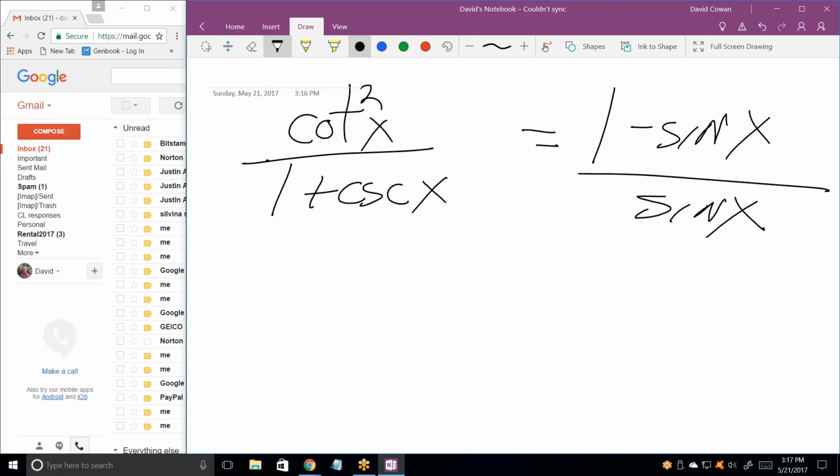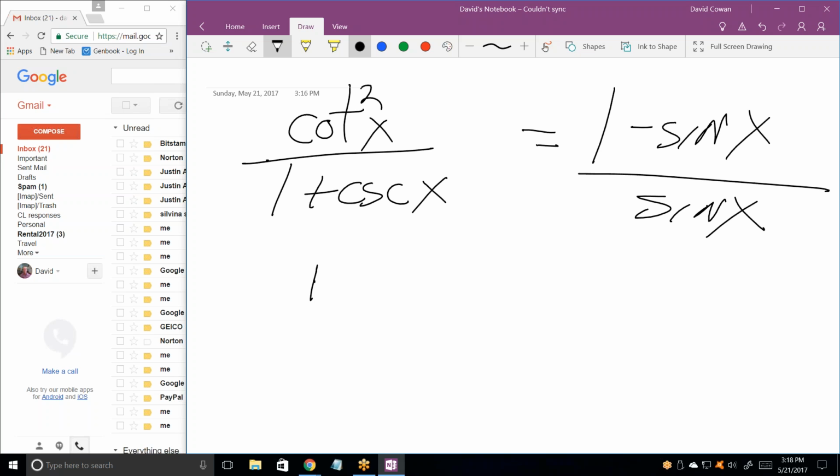Okay. So that's what I'm going to suggest. I could convert this to cosecant first, but I don't really see where that, well, hold on a second. That would be cosecant squared minus 1. This is 1 plus cosecant squared. In other words, there's always multiple ways to go on these verifying problems.